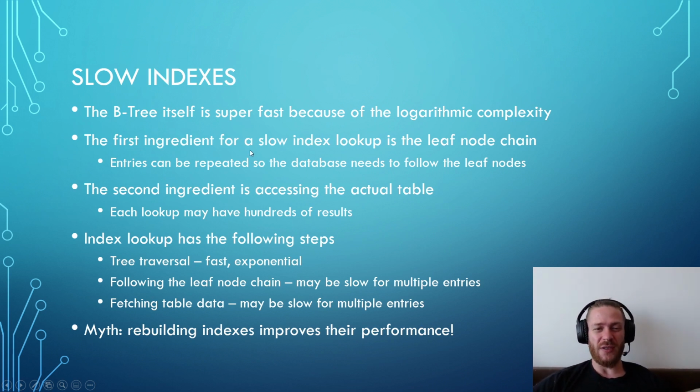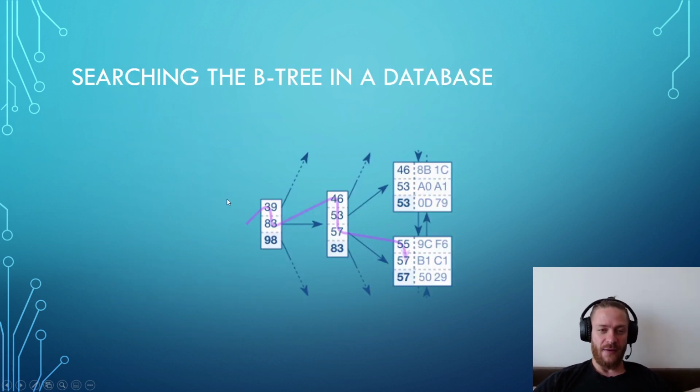So the first ingredient for a slow index lookup is the linked list leaf node chain. Entries can be repeated, so the database needs to follow the linked list, the way I showed you in the previous example. And the second ingredient is accessing the actual table, because you may find super fast that 57 is contained 200 times in the linked list.